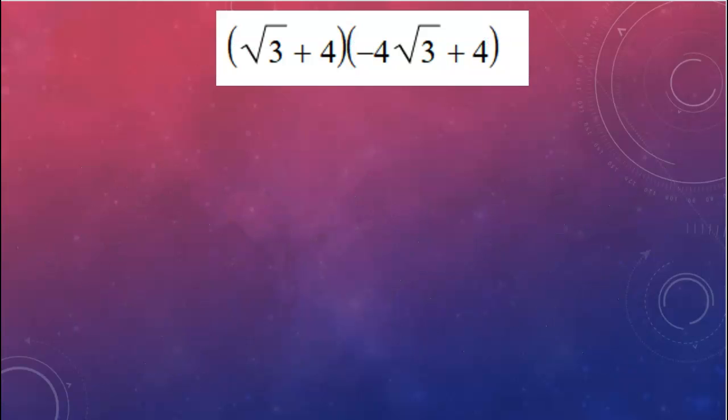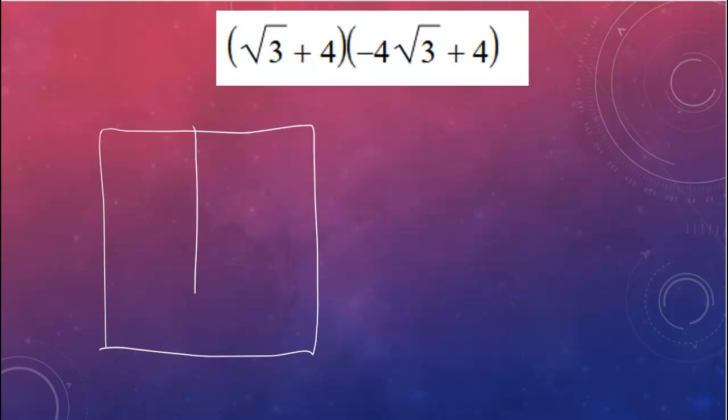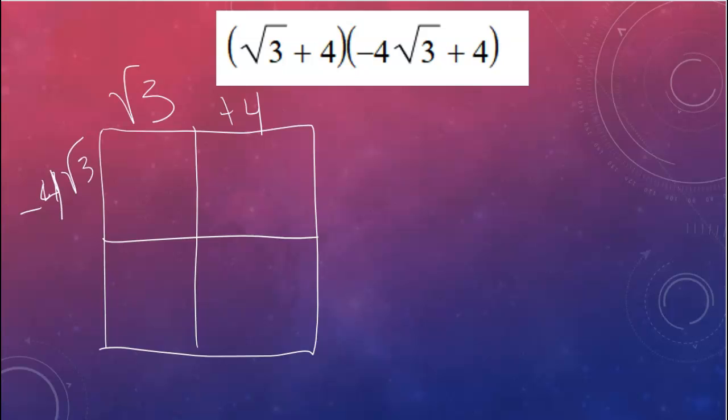Okay, let's try this one. We're going to do the same thing. We're just going to put it in a box. Square root of 3, positive 4. Negative 4 square root of 3, and positive 4. So negative 4 times 1 is negative 4. Square root of 3 times square root of 3 is square root of 9.